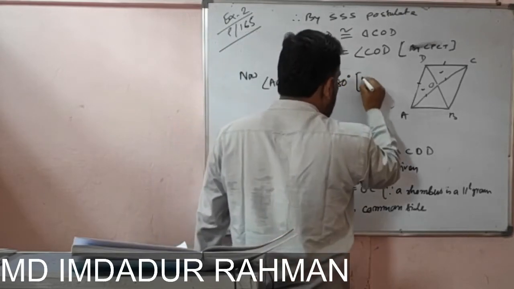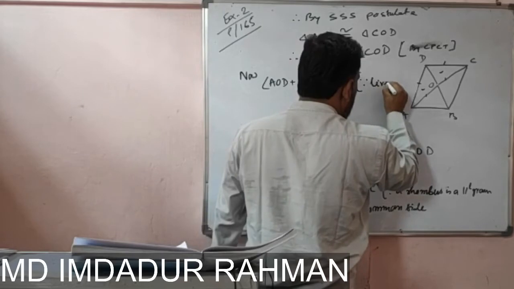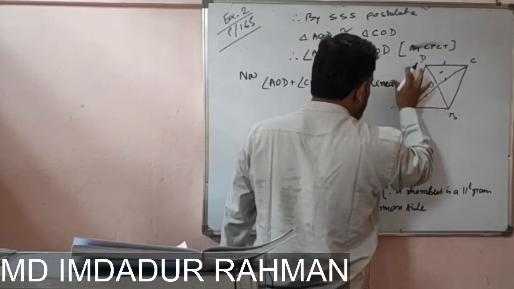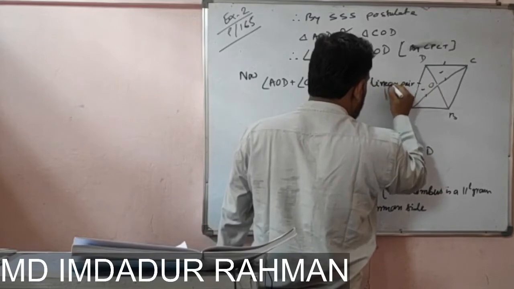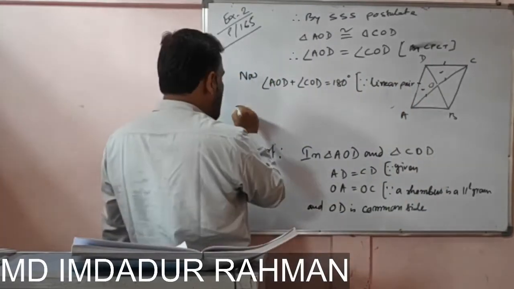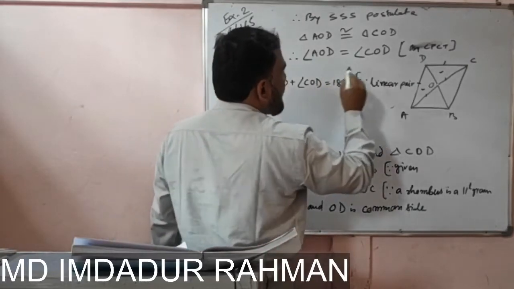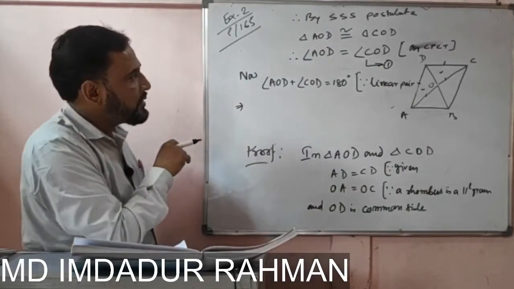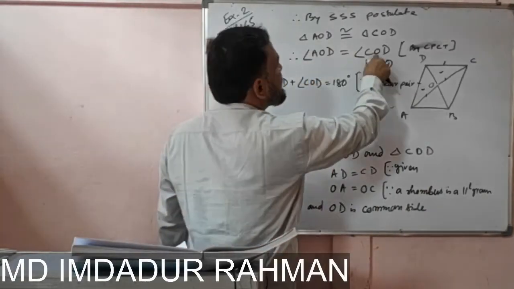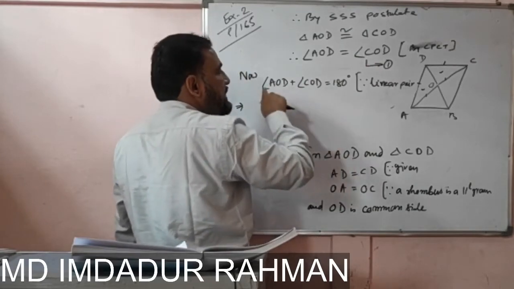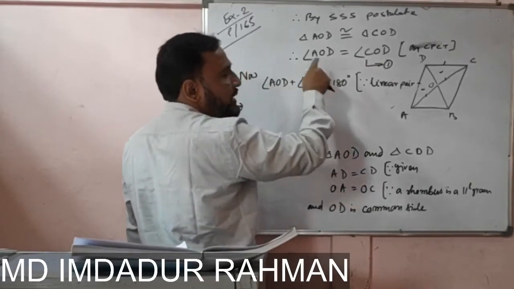Here we will write since linear pair. I forgot to mark, this is equation number 1. So AOD and COD are equal. In place of COD we can write AOD.